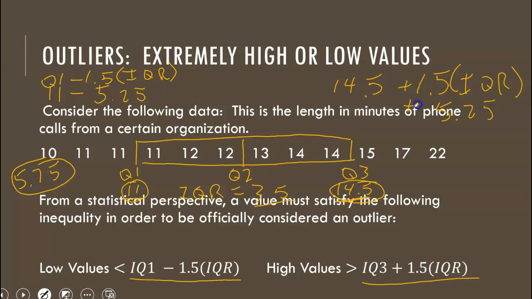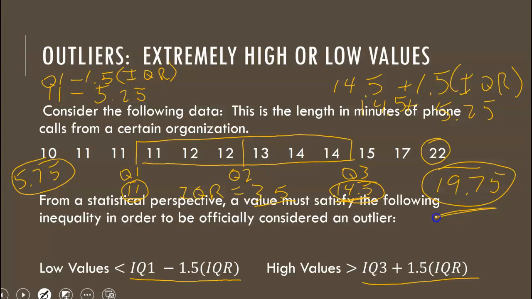Then I would add that to 14.5. And 14.5 plus 5.25 gives me a value of 19.75. So if we have a number here that is bigger than 19.75, that would be considered an outlier mathematically, and 22 is higher than that, so we could consider 22 to be an outlier.